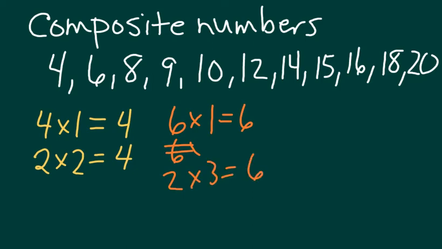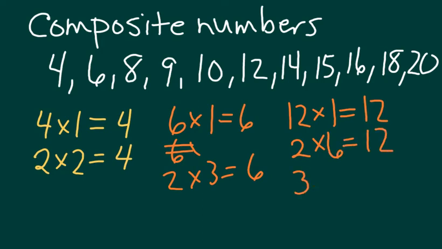So it's composite. What about the number 12? Well, you could say 12 times 1 is 12, 2 times 6 is 12, and 3 times 4 is 12. That's also a composite number.